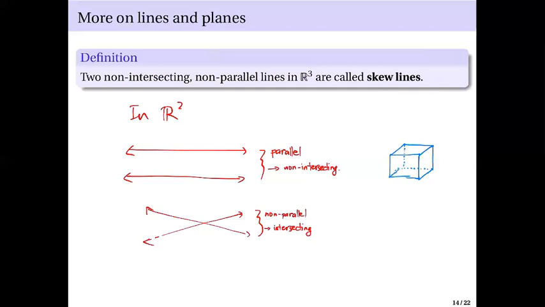If you consider this edge here and this edge here, and you extend this edge indefinitely, it will not intersect this other edge.